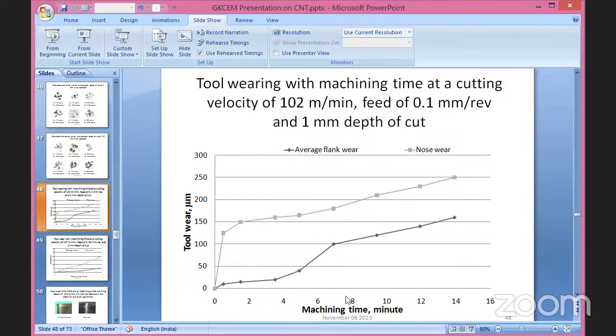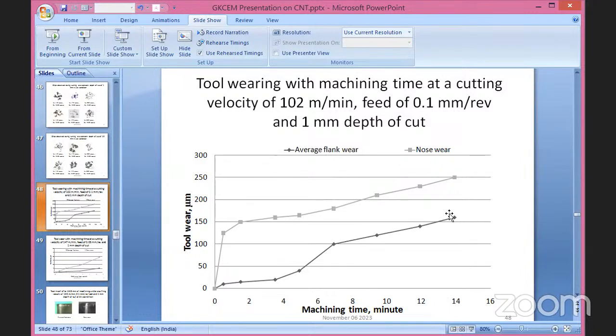In this case, even after 14 minutes of machining, we are getting an average flank wear value of around 160 micron. And we know that ISO normally allows up to 300 micron to continue with a particular cutting tool during machining. Here up to 14 minutes we have only 160 micron.